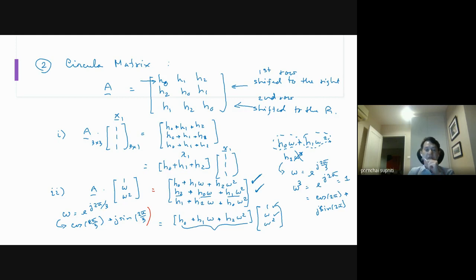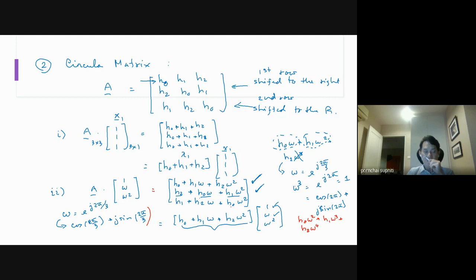I have H2 plus H0 omega plus H1 omega squared. Similarly, if I multiply this row with omega squared, I will get H0 omega squared plus H1 omega cubed plus H2 omega to the fourth. We can use the same approach.